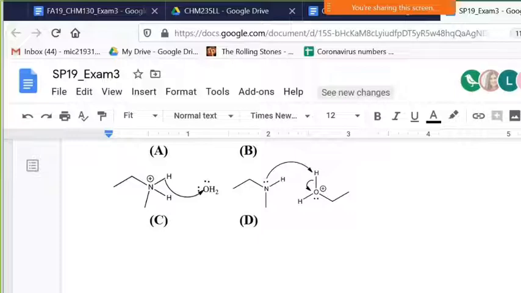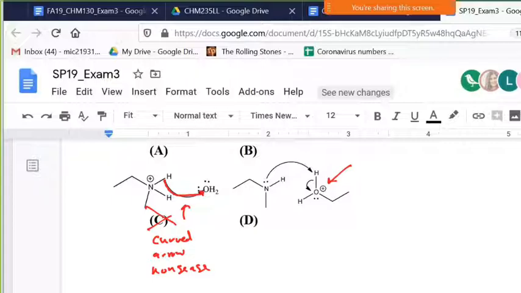We've got this NH. We've got electrons from a hydrogen going towards, this one's just bad because that curved arrow is actually nonsense. And if we go through and look at D, what's happening? Well, one good tip off is we see a positive floating around. That makes sense if we're in a strongly acidic environment.